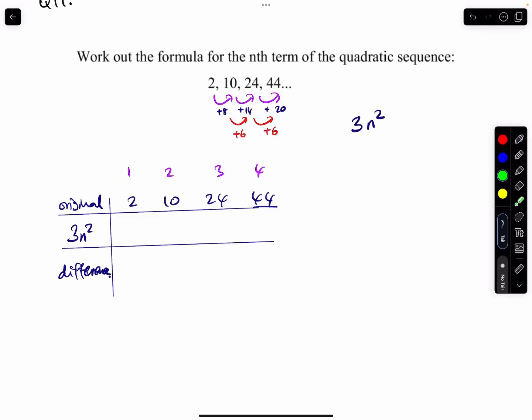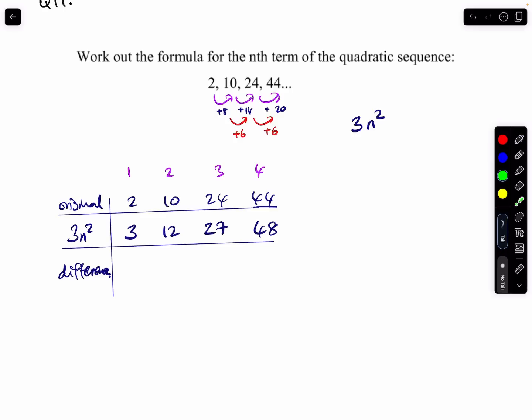We're going to put the 1 as our n. So we're going to do 1 squared, then times by 3. 1 squared is 1, times by 3 is 3. Then we put the 2 for our n right there. So 2 squared is 4, 4 times 3 is 12. Then we do 3 squared, which is 9, times by 3, which is 27. 4 squared is 16, times by 3 is 48.